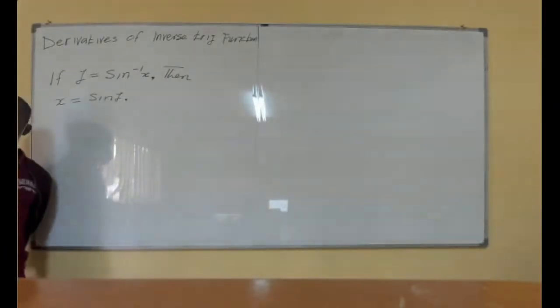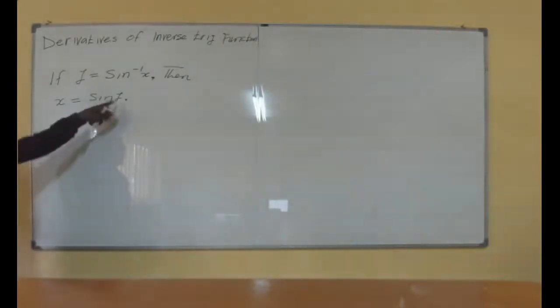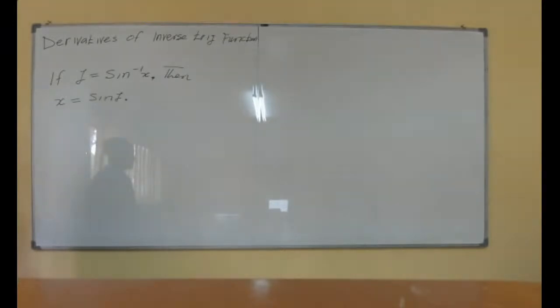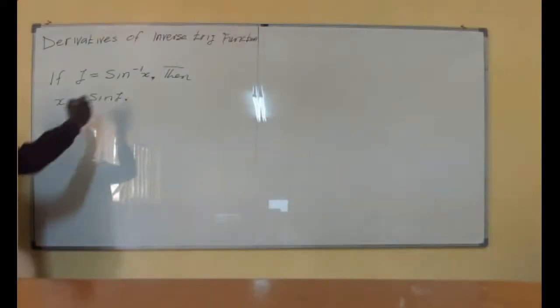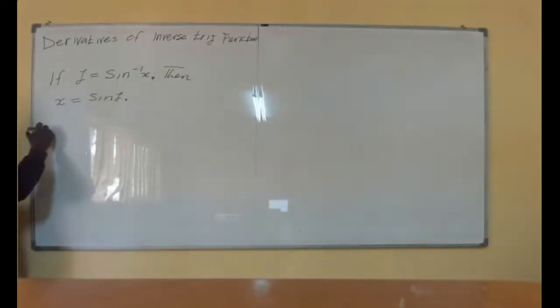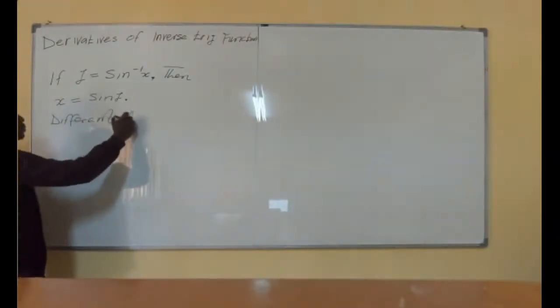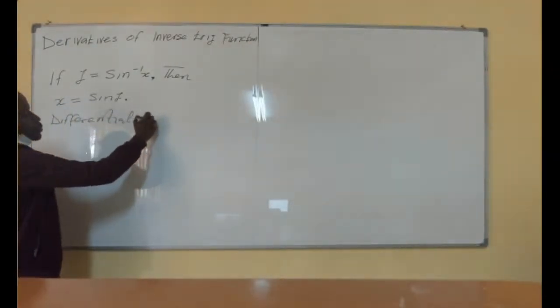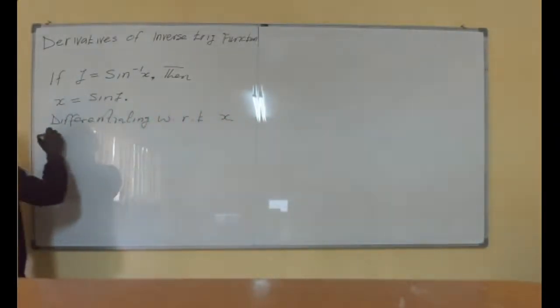Now, because we already know how to differentiate the sine function of whichever kind of angle it has, this means that we can differentiate x equal to sine of y on both sides.